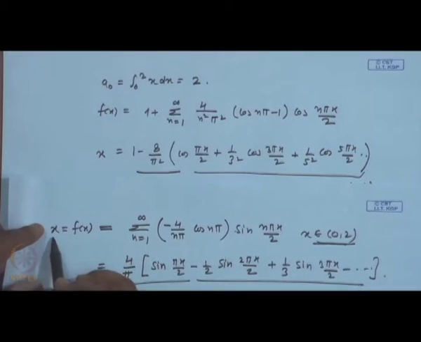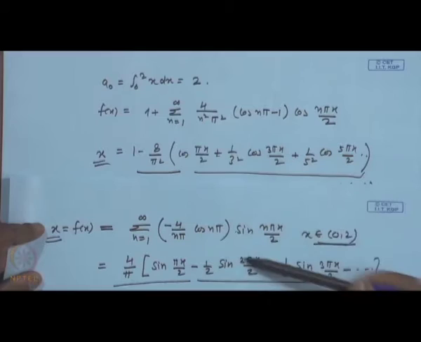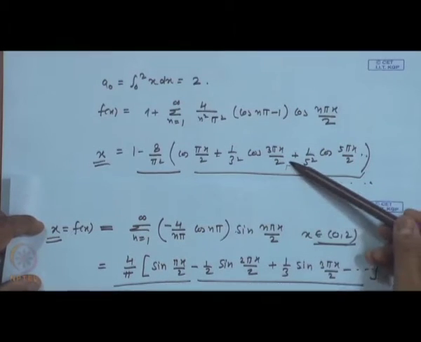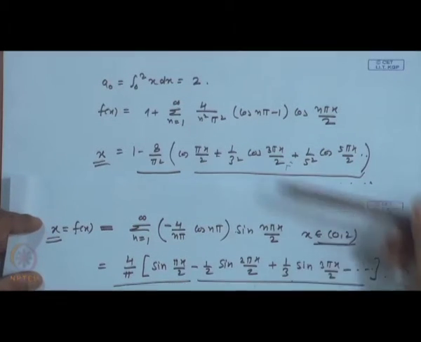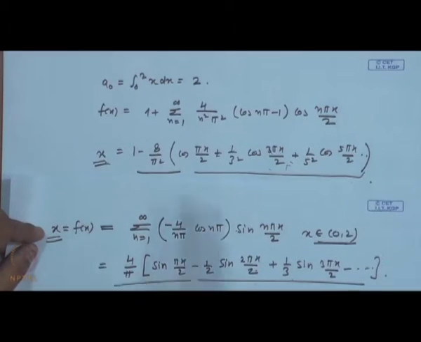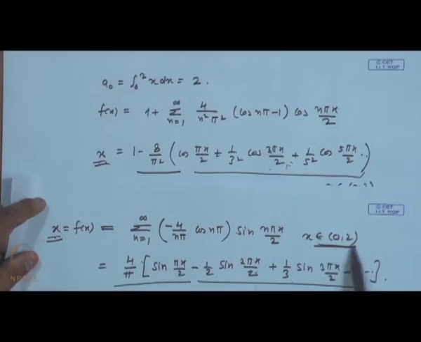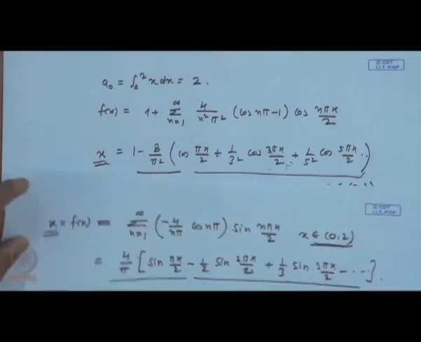So, for the same function x, we have completely different expansions, one in the cos, another in the sine, and both will equally approximate this function in this domain. In fact, if we consider this series as a sum, this sum is equal to x and this sum is also equal to x for each x between 0 and 2.